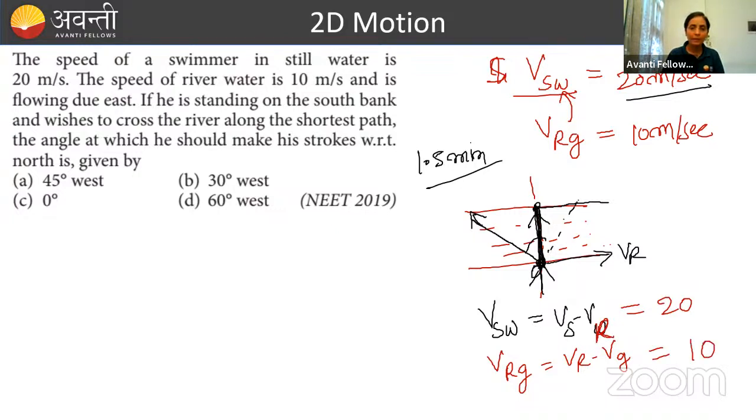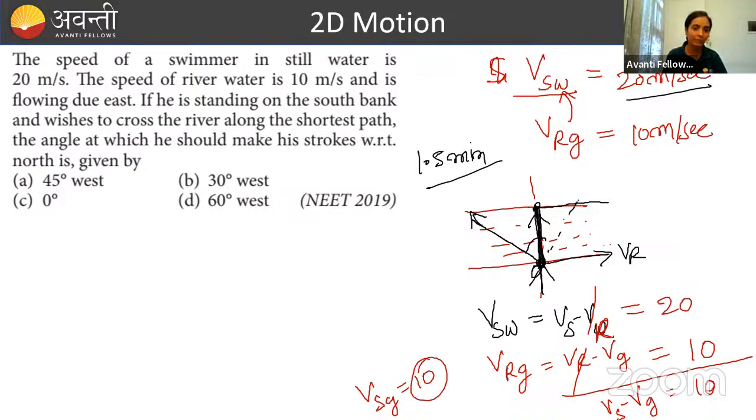This is your 10. If we are going to add this, what you will get? This will get cancelled, and it will become VS minus VG equal to 10. है ना? So this is VSG equal to 10. यानी कि velocity of swimmer with respect to ground, it is 10. And person is crossing the river along shortest path.